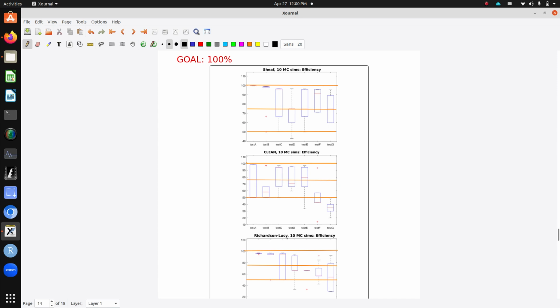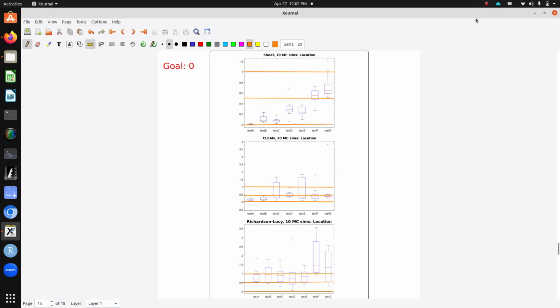Okay, and also, what about location? The location of the stars, I'll do the same kind of discussion there. Okay, and you can see I made the same 3 orange bars in the 3 graphs so you can compare them against each other. The goal is to get as close to 0 as possible, which is the bottom of the 3 lines. I made the lines at 0, 0.5, and 1.